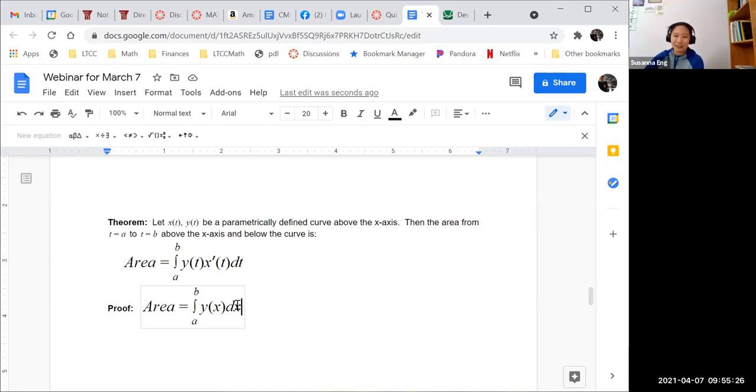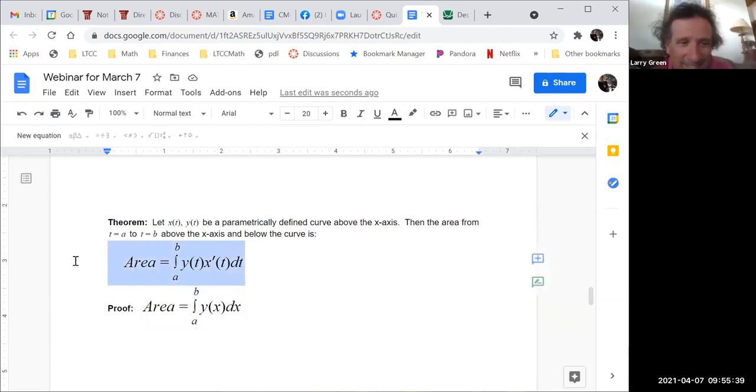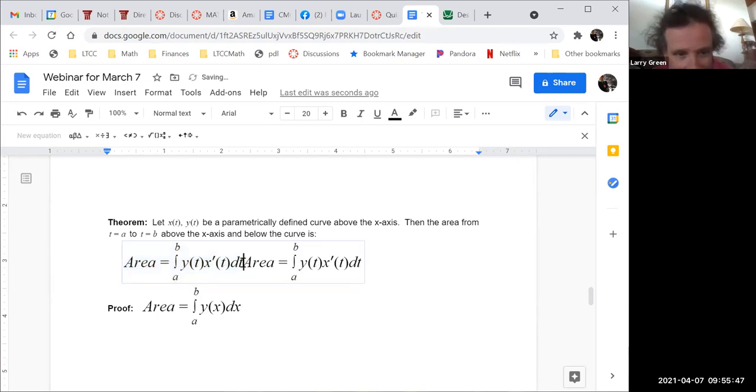Turn the y of t equation into a y of x equation by solving for t using the x equation. All you have to do is realize if we write this in a different way, if we write this using D form, then x prime of t is the same as dx over dt.